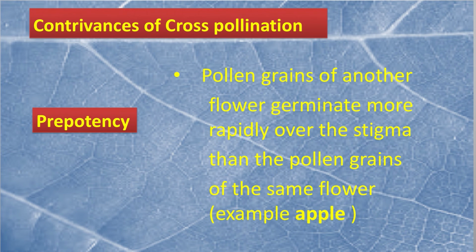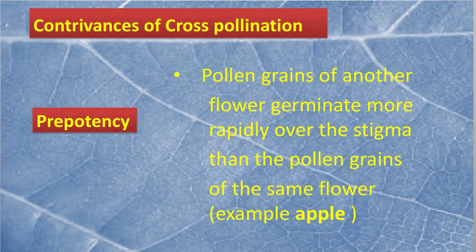Then another type of contrivance of cross pollination is prepotency, though we can include that in this self incompatibility, but I have kept this as one more contrivance of cross pollination, where pollen grains of another flower germinate more rapidly.